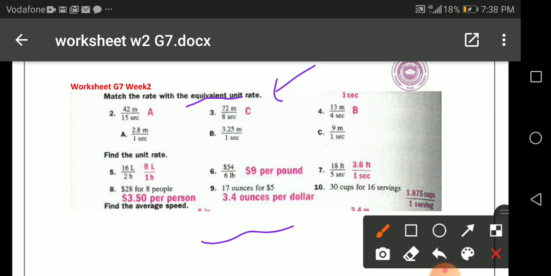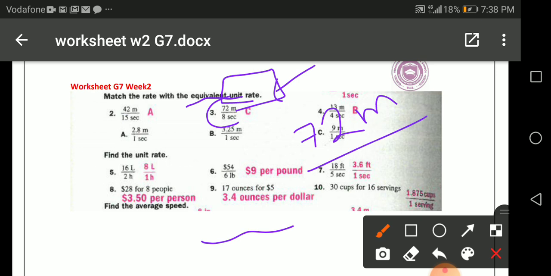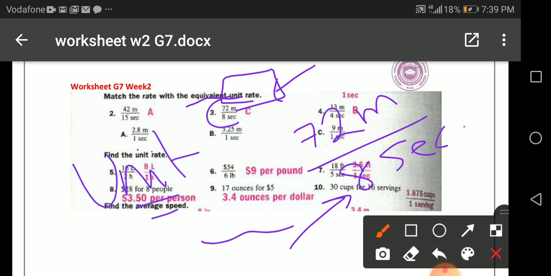Remember, unit rate means what? I've got here example number 3, 72 minutes over 8 seconds. So unit rate means that the denominator must be 1. So divide by what?